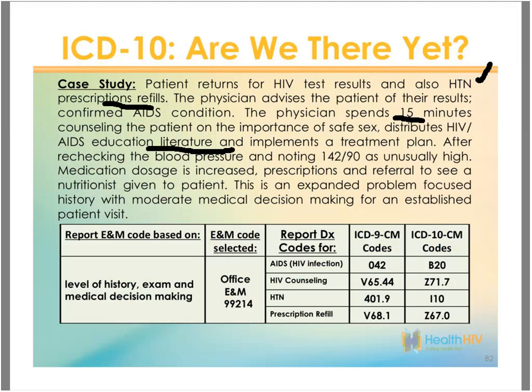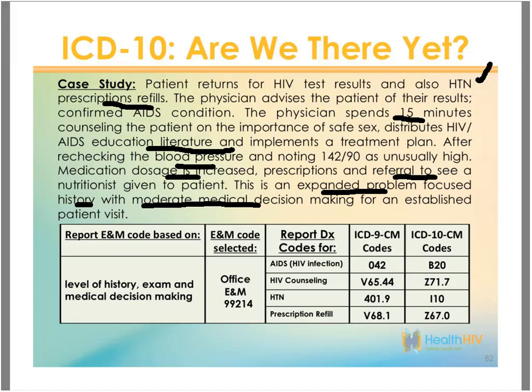The physician also checks the blood pressure and notes that it's unusually high. The dosage on the meds are increased, prescriptions are given, and a referral is made to a nutritionist. The final documentation is that the physician documents that it was an expanded problem-focused history with moderate medical decision-making.